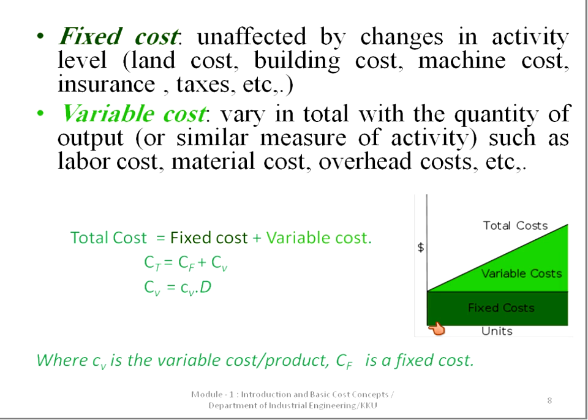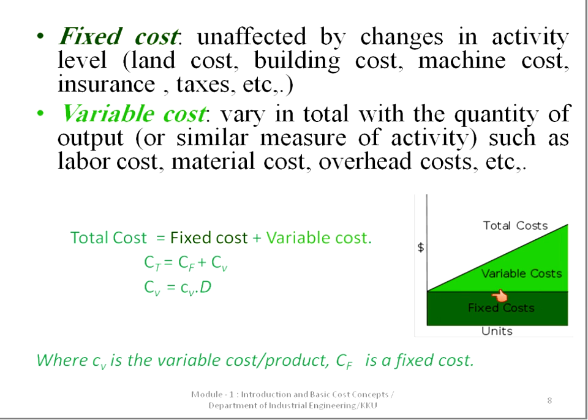currencies. Fine. Now, when units is 0, fixed cost is some value here. Let's assume this value is 10,000 Saudi Riyal. When units increase to 10, 20, 30, 40, 50, 60, and so on, the fixed cost is not changing. It's still at 10,000 Saudi Riyal.